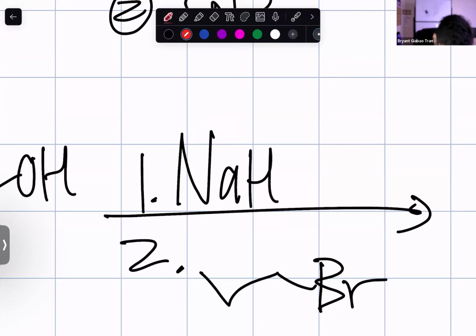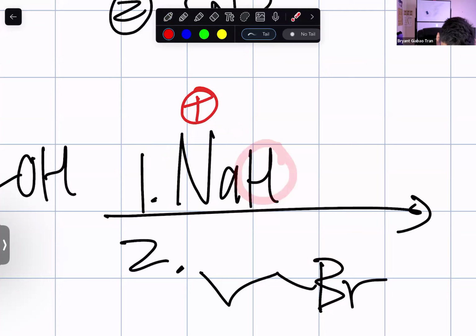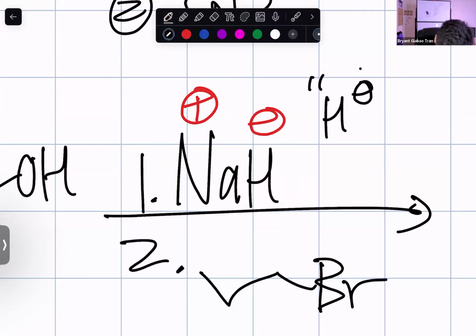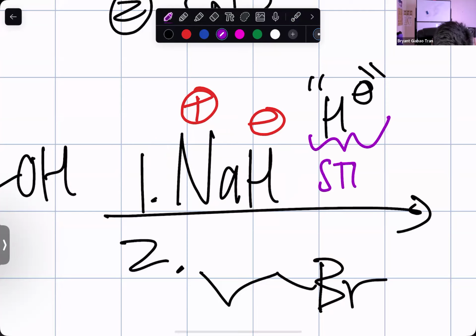Positive charge, right? Which means that whatever is attached to the positive charge is a negative charge. And this hydride ion here with the negative charge is extremely basic, a very strong base.